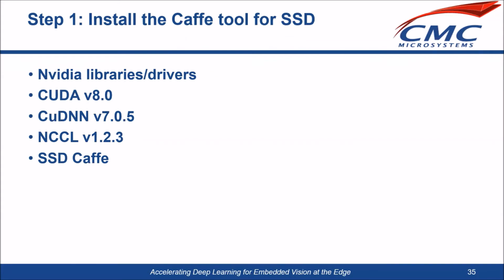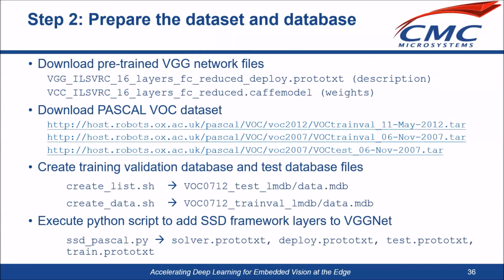In terms of the steps we followed, first we installed the various tools and environments, including the Xilinx tools and the Caffe tool for SSD, and instructions were provided from Xilinx in the GitHub on what specific versions of those tools and libraries were required. The next step is to download a pre-trained version of the VGG16 network model, which forms the front end of the SSD model, as I mentioned earlier.